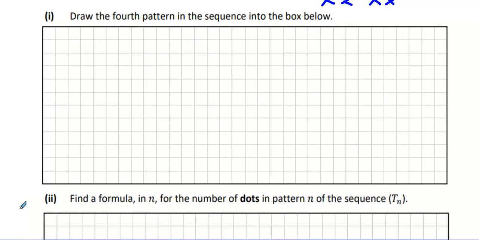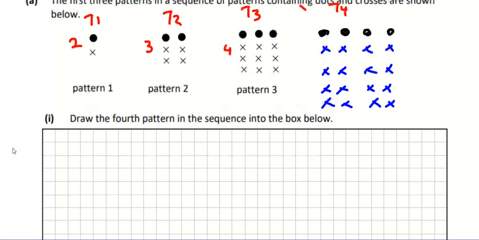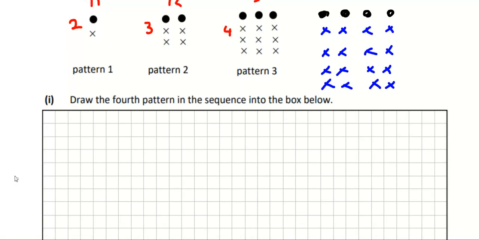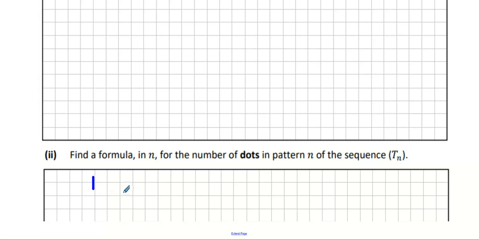Now we're going to find a formula for the number of dots in the pattern. Well, the dots in the pattern are quite easy. It's 1 dot for the first pattern, 2 dots for the second pattern, 3 dots for the third pattern, and 4 dots for the fourth pattern. So that'll be T1, T2, T3, T4. Now we'll go through the usual process.